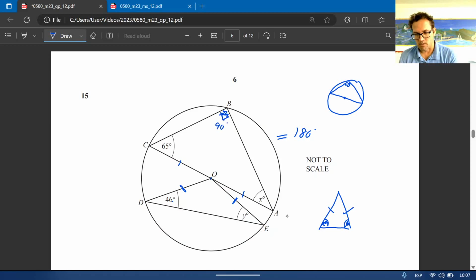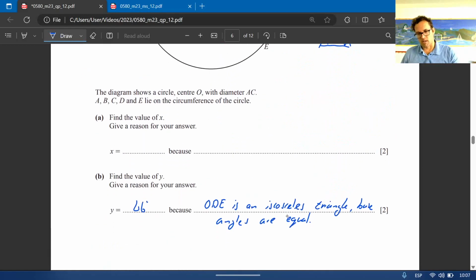We just need to subtract from 180, because that's all the angles in the triangle, the 90 and the 65. What is that? 90 and 65 is 155, so 180 minus that is 25 degrees. I mean, use your calculator if you're not sure.